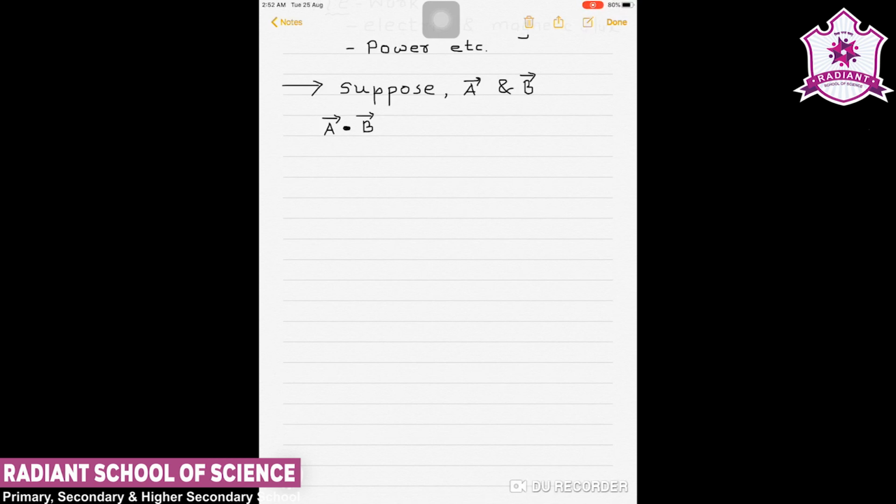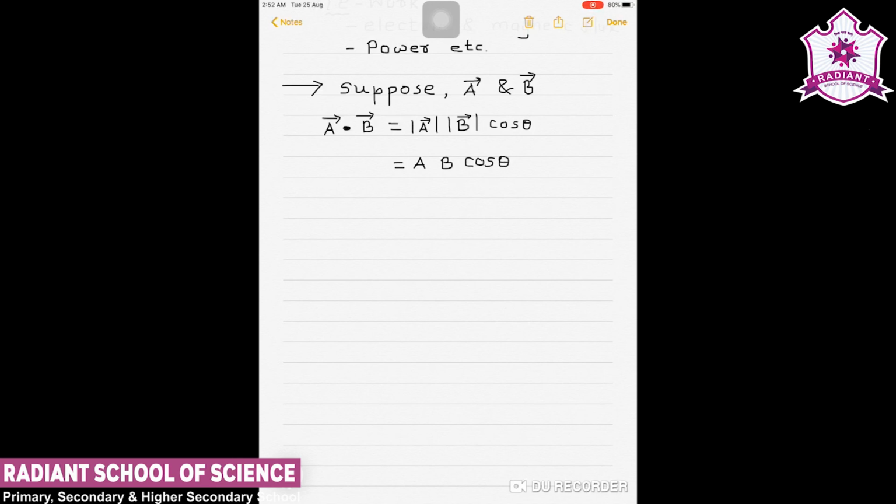It is read as A dot B, and when the dot product is defined, it is written as magnitude of vector A, that is mod of A, times magnitude of vector B, times cos theta, where theta is the angle between vector A and vector B. Now if we don't want to write this vector form, then we can simply say AB cos theta.